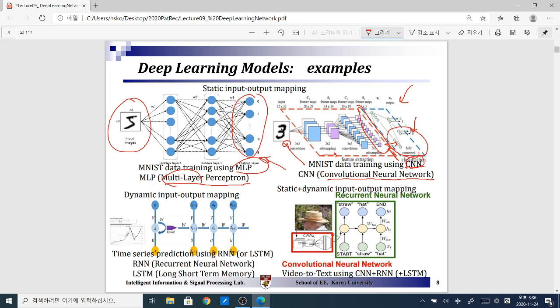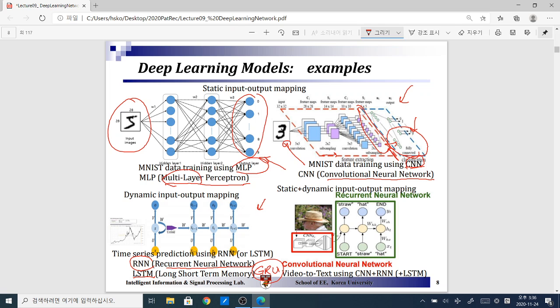On the other hand, the third category that I have here is called RNN, or recurrent neural network, also known as LSTM, long short-term memory. There are other names like GRU and so forth.